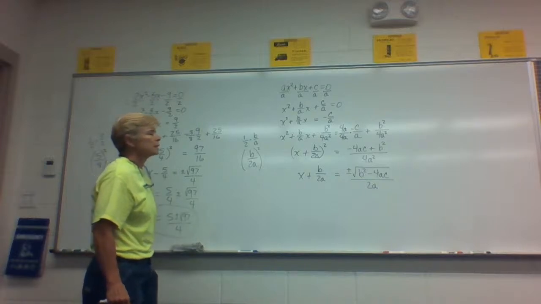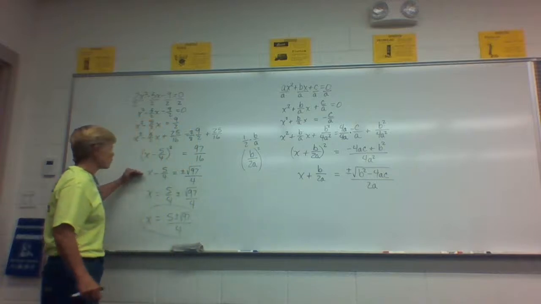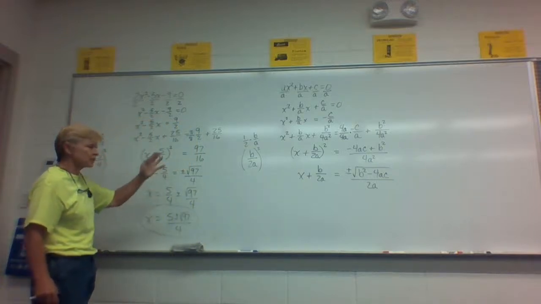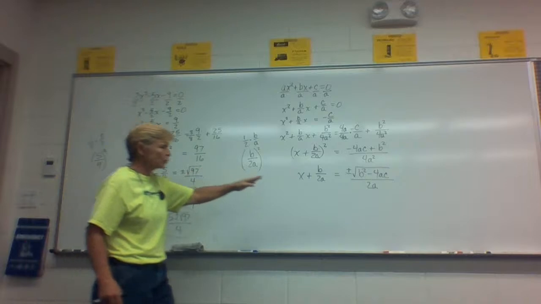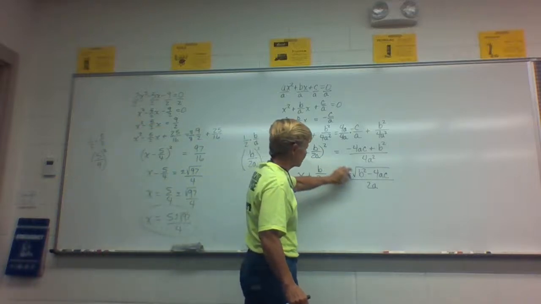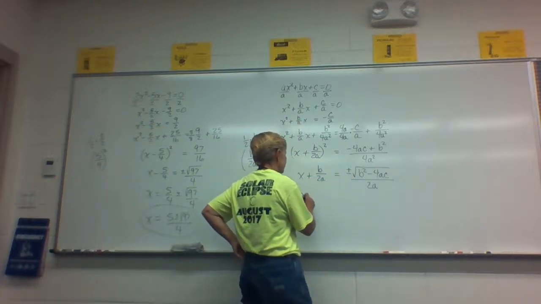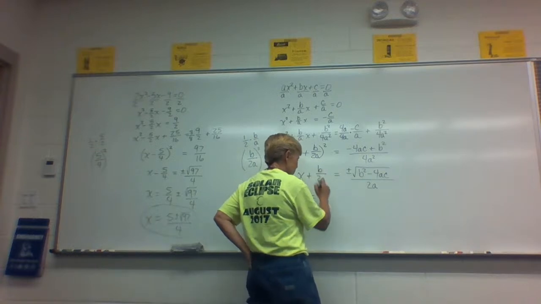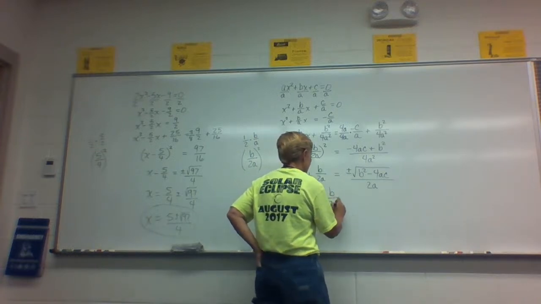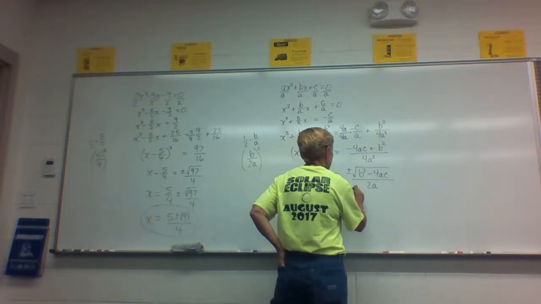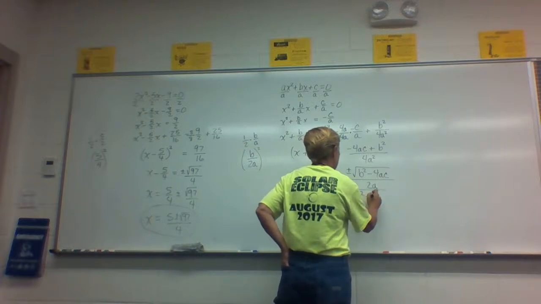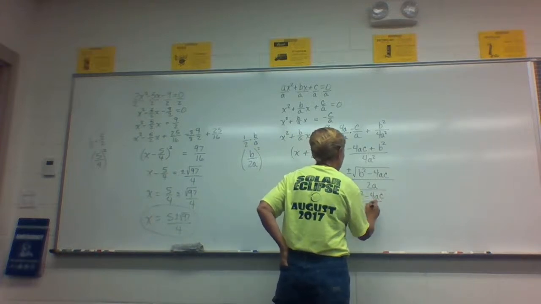Yeah. Okay, and then when we got to here, all we did was kick the 5/4 over and stick it in the front, right? That's what I'm going to do here. I'm going to take this term and put it over here and stick it in the front. This is what I get. X equals negative, because I'm coming over, negative b over 2a, plus or minus the square root of b squared minus 4ac over 2a.